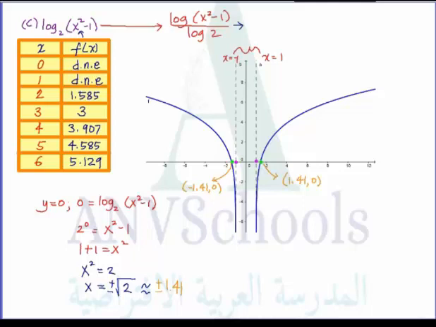The domain for the right portion is simply from 1 to infinity, while on the left side it is from -infinity to -1.